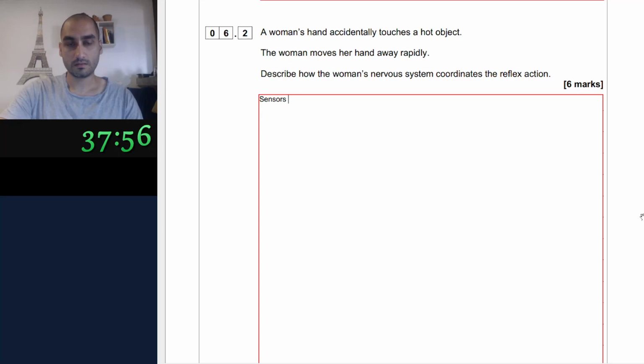Sensors in the skin detect the hot object and send a signal to the spinal cord via sensory neurons.